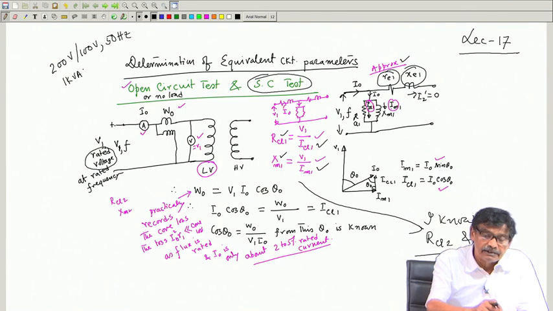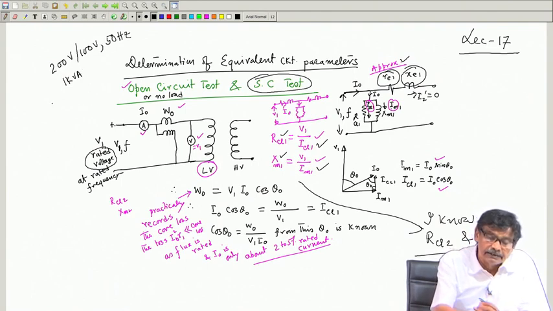Now, the moment this is 1 kVA, as I told you, I can calculate the IHV rated current, which is 1000 by 200, that is 5 ampere.